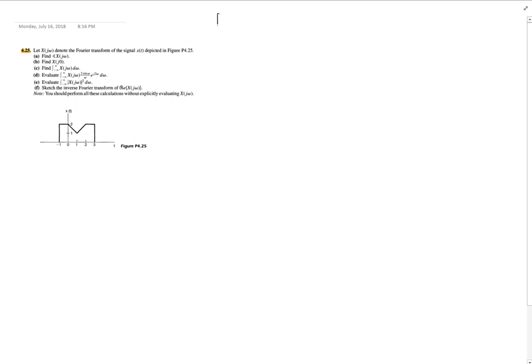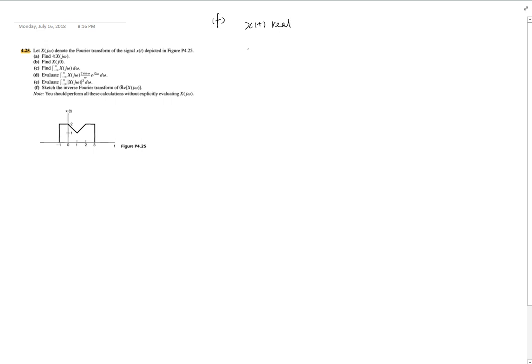For the last question, question F, it is actually just the property of an even-odd decomposition of a real signal. We can see this x(t) is real, right? Because you can plot it.